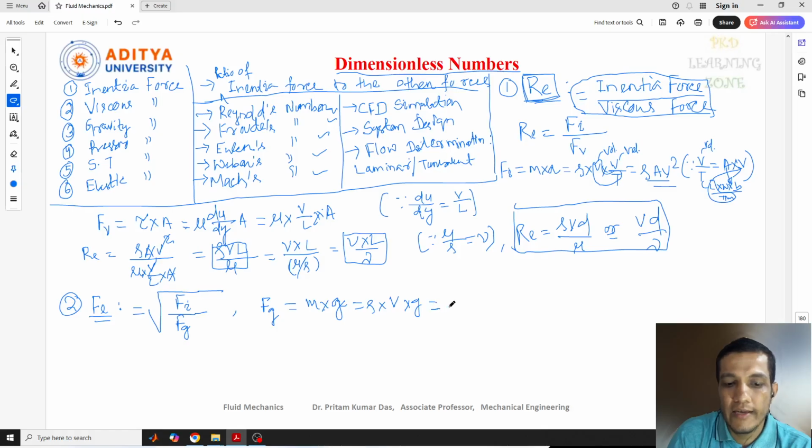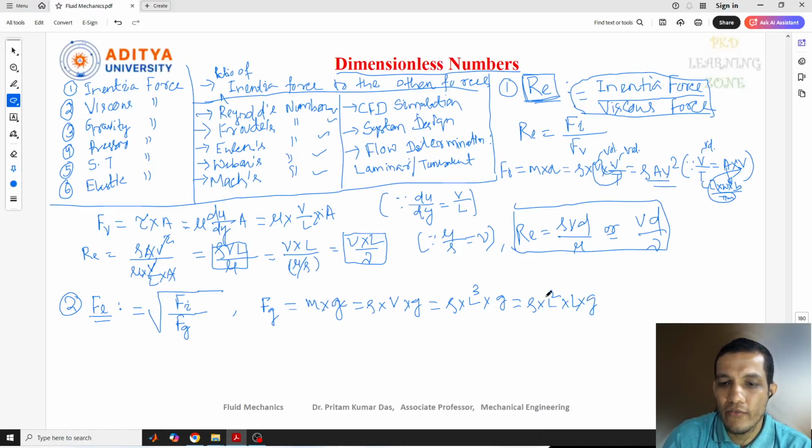So rho into volume, and in terms of L, volume is L cube, into g, because volume is length into breadth into height. Expanding further, this is rho into L square into L into g.